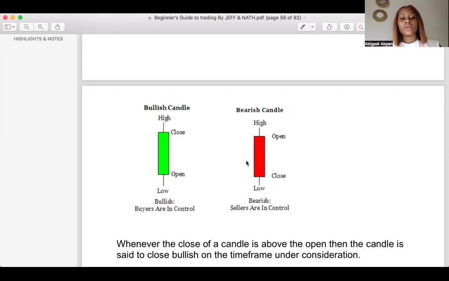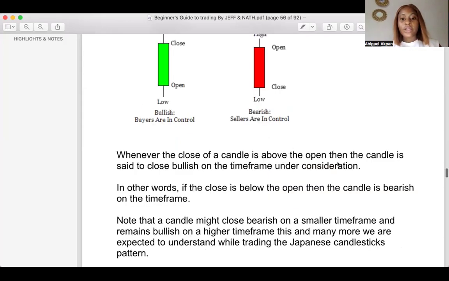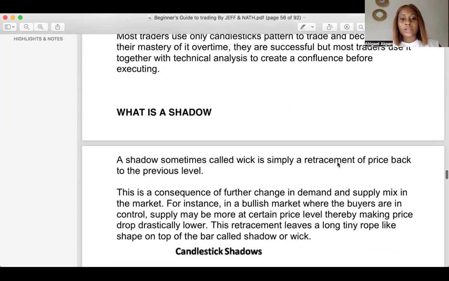I don't want to say too much about it, I just want you to see what I actually meant. Most times, you will see that the wick is usually very long. Now, there are major types of candlesticks in the market.